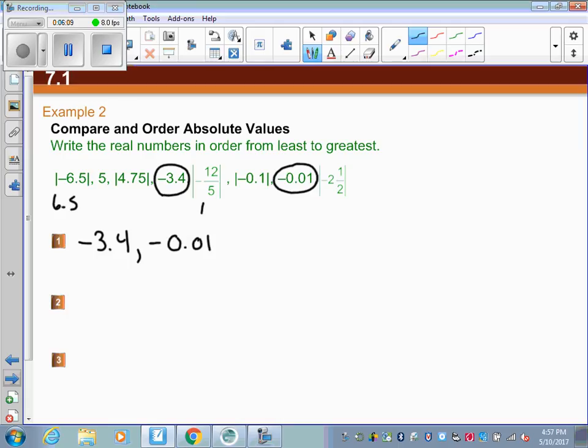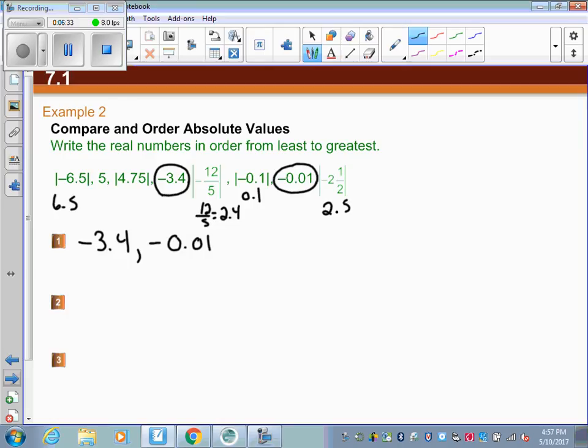This becomes 12 fifths, which is about 2 point something, 2 and 2 fifths, right? 2.4. This becomes just 0.1. That one stays, and this one becomes 2.5. So we can see now which one's the next smallest.